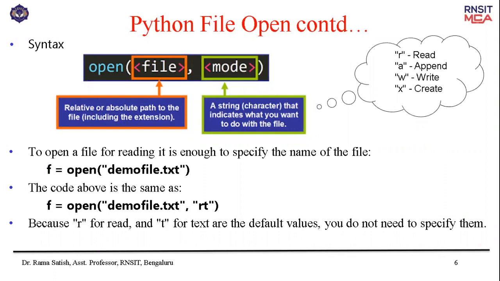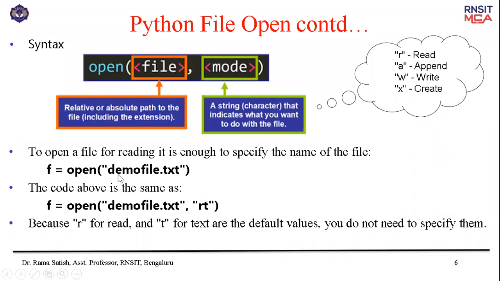Along with this, you can write T or B. T indicates it is a text file. B indicates it is a binary file. If you don't use anything, by default the file is opened in read mode and text mode. R and T are the defaults. If you want to use it for binary, you have to give R and B. It is just like that. Look at the example given here.